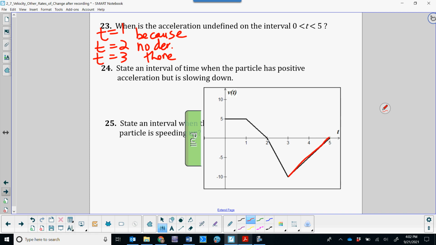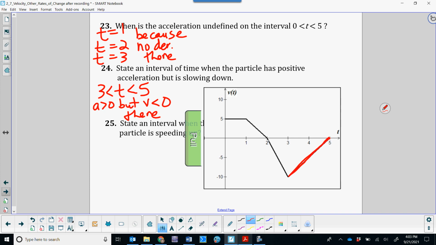So this is the only time that the particle has positive acceleration, and it is also slowing down there because acceleration is positive, but this graph is velocity, so velocity is negative because this is underneath. So again, we would say from 3 to 5, and our reason is acceleration is greater than 0, but velocity is less than 0 there. Okay, and so that means it's slowing down.